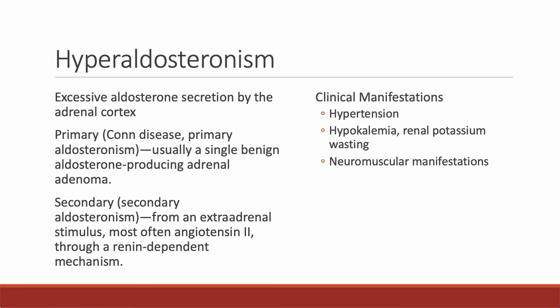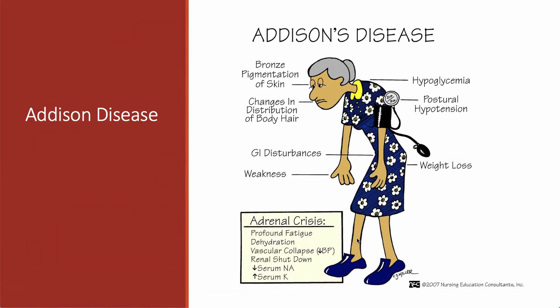There's primary, where there's some adrenal adenoma that's producing too much hormone, or there's some other cause. In secondary hyperaldo, there's some extra adrenal stimulus, and the book mentions that angiotensin 2 may be the cause of secondary hyperaldo.